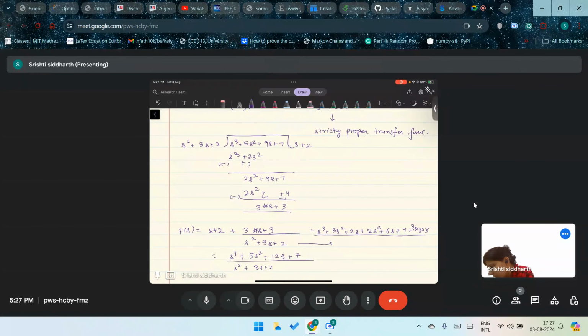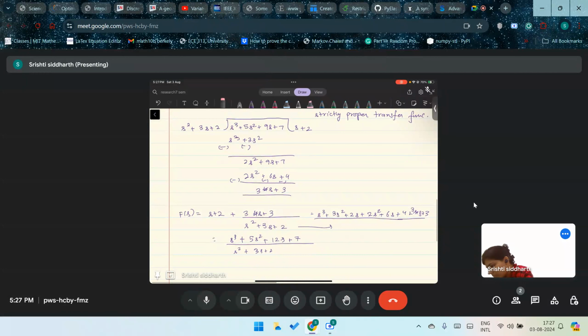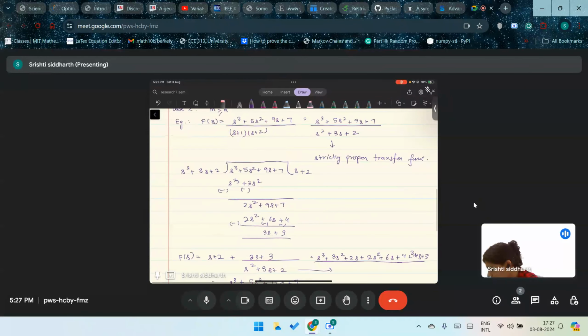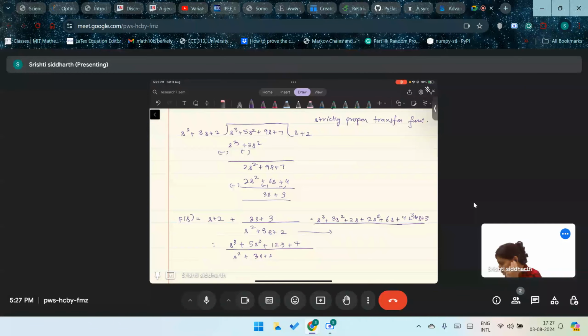So it's 2s squared plus 6s plus 4, and this becomes 3s plus 3. It's still not equal. Just a second, let's see what's wrong.